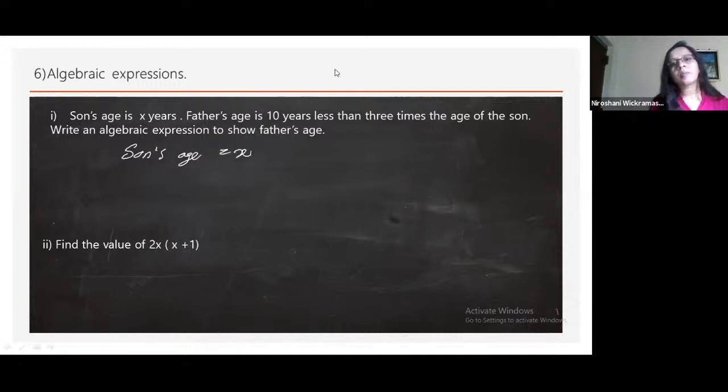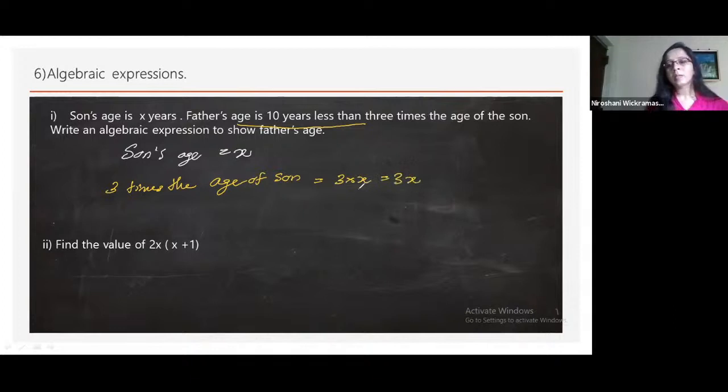First mention the details properly. Father's age is 10 years less than 3 times the age of the son. 3 times, 3x. Right? 3 times the age of the son.